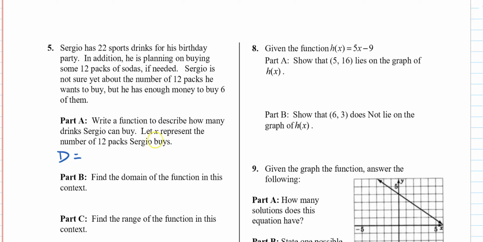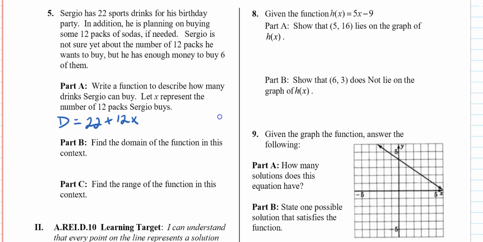So x is the number of 12 packs. So if he buys one 12 pack, that's actually 12 sodas. So he already has 22 sodas, plus he's adding 12 more sodas per 12 pack. So the number of drinks he can buy total is equal to 22 plus 12x.